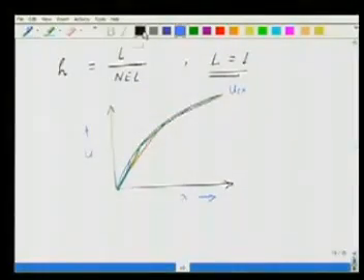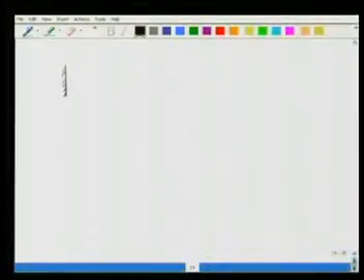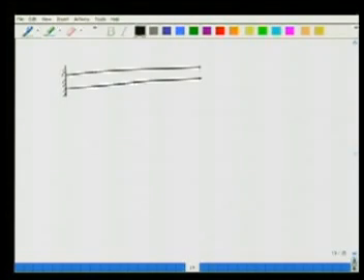Now, the question is, do we always have this type of differential equation to handle? The answer is no. So, let us make this differential equation a little bit more complicated. It will still be a straight bar with an end load P, but here we will have a distributed spring support.